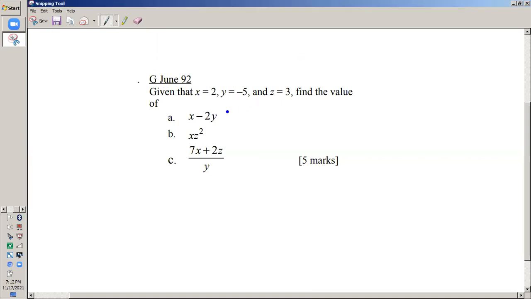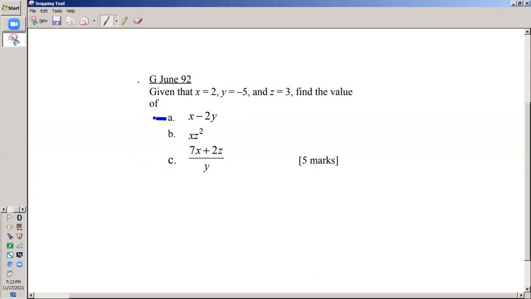Now, substitution, the basic definition of substitution is when we replace letters with numbers. So we're asked to evaluate the algebraic expression x subtract 2y, where x is 2, y is -5, and z is 3.